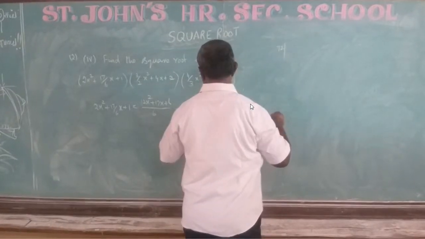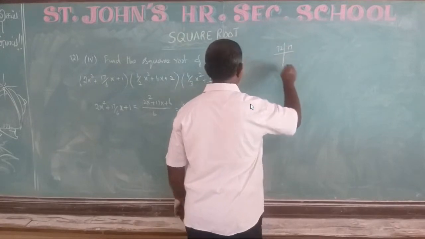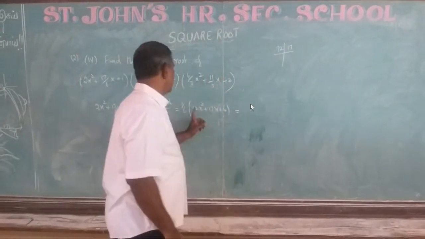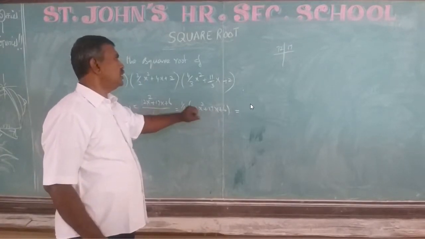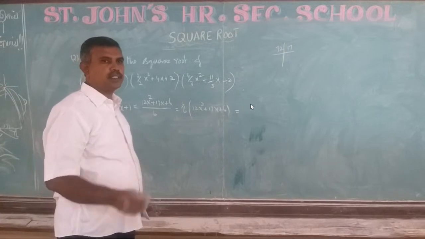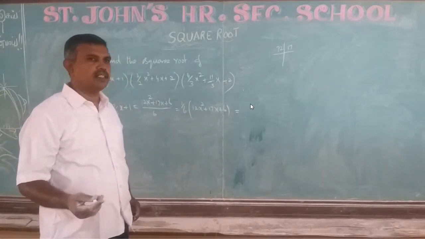The product is 72, and the sum value is 17. We take two numbers whose product is 72 and whose sum is 17.